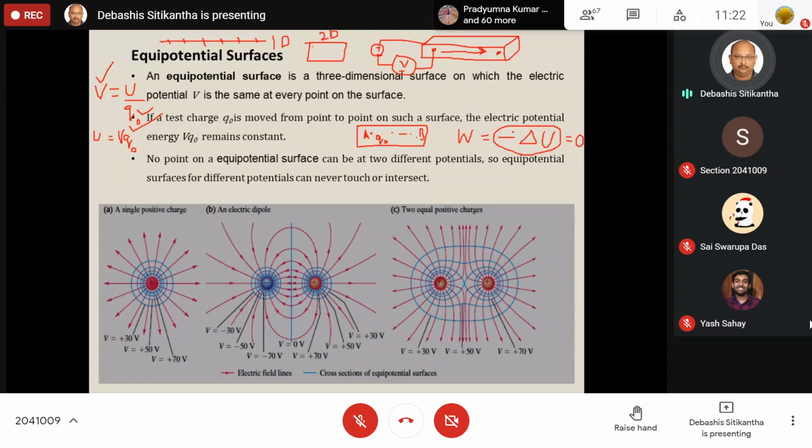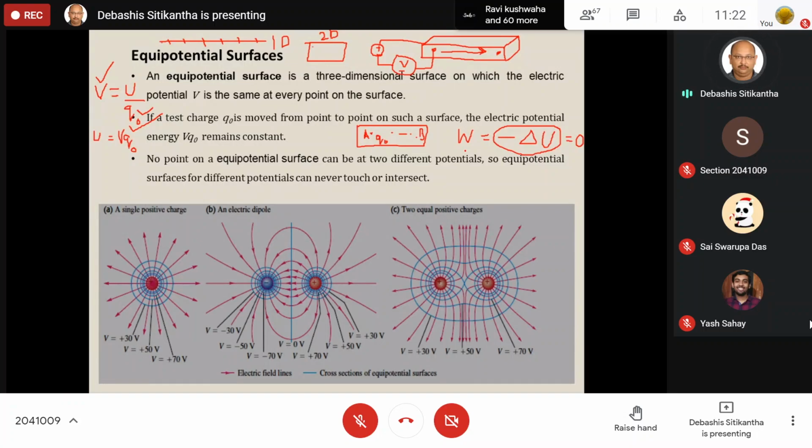So if this is the case, then the work done is also equal to 0. Okay, so very simple things. The first thing is that each and every point on the surface is going to be at the same potential, number one. Number two, the potential energy is going to remain constant throughout the entire equipotential surface.